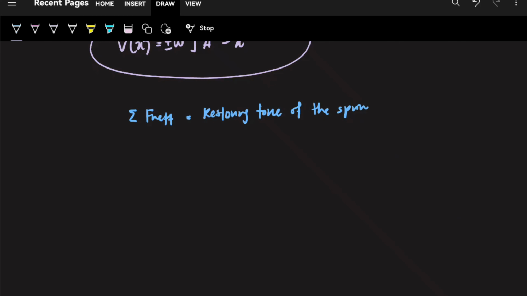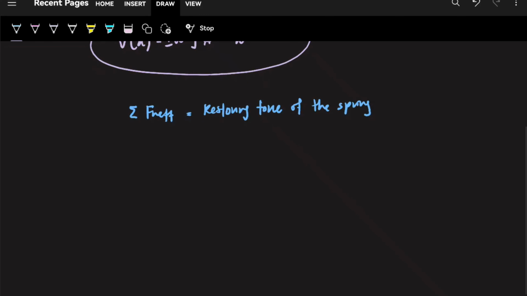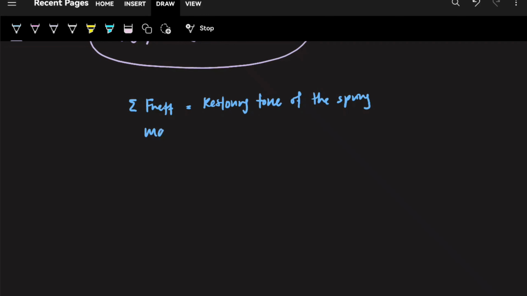If you're wondering what this means, I've explained this in the first video of simple harmonic motion, in episode 1. Because the only force acting in the direction of motion is the spring force, we say the net force is equal to the restoring force of the spring. So we know net force is ma, and we know the restoring force is negative kx.